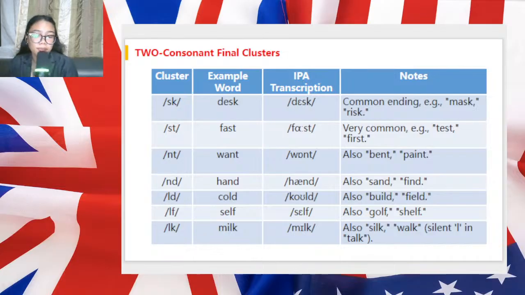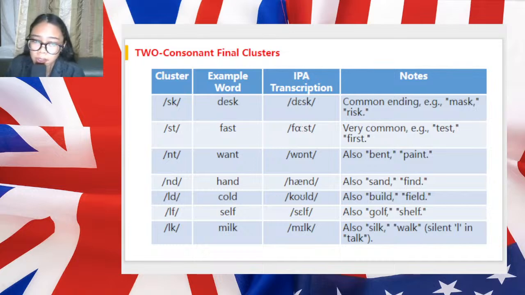So this cluster also appears in golf and shelf. Let's try to articulate those words, starting with, of course, our example here, self. Again, self. All right, next is golf. Say golf.